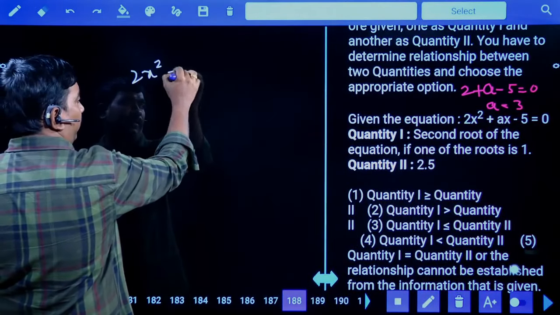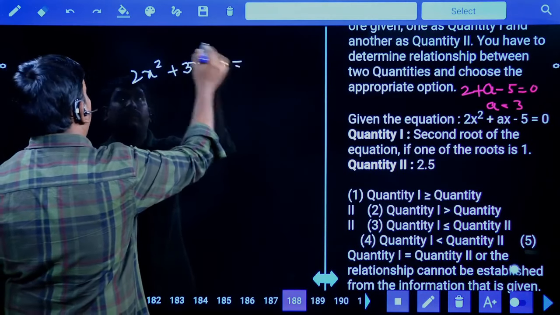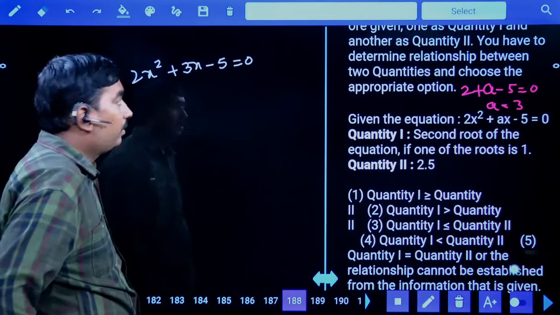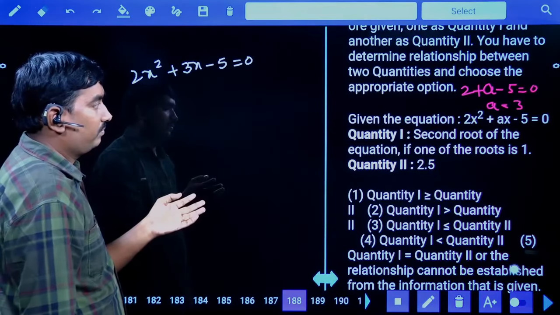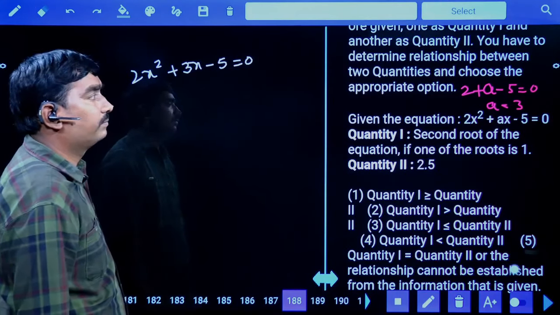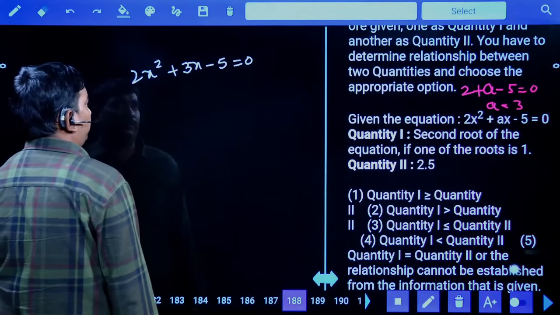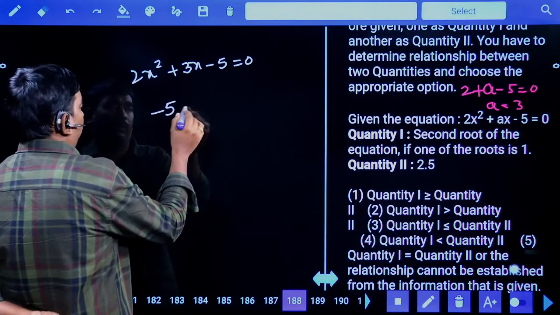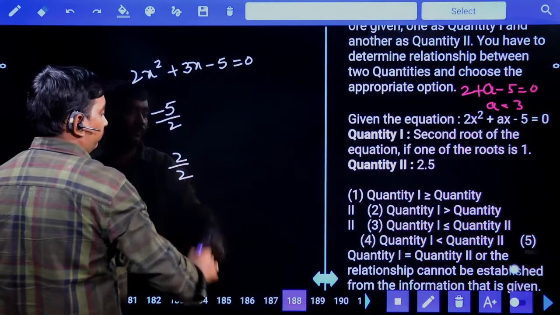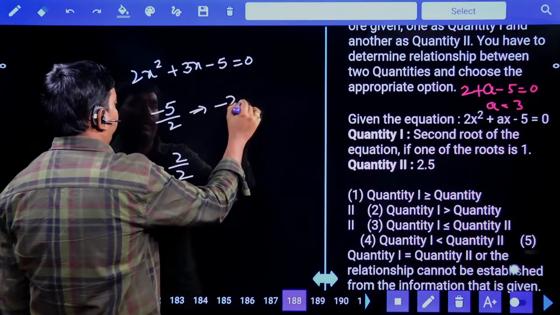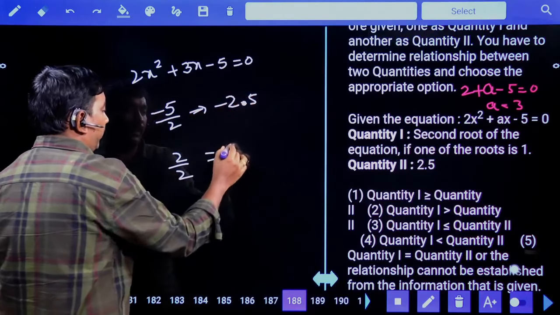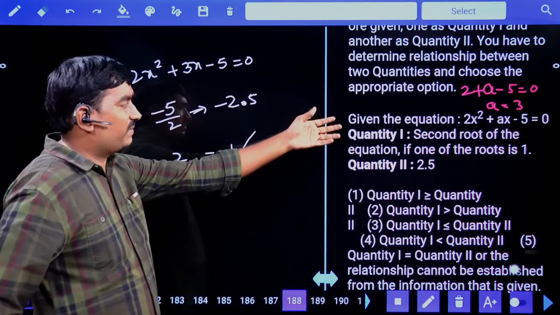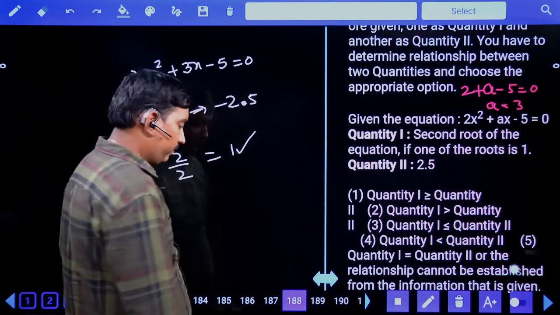Then 2x square plus 3x minus 5 is equal to 0. 5 2s are 10. Plus 5 minus 2. Finally minus 5 plus 2. Minus 5 by 2 plus 2 by 2. So minus 5 by 2 means minus 2.5. This is 2 by 2 means 1. Already one of the roots is 1. Second root is minus 2.5. Quantity 1 is minus 2.5. Quantity 2 is 2.5. 1 is less than 2.